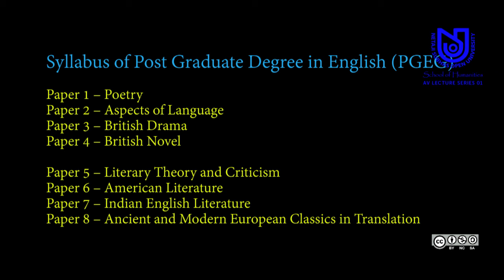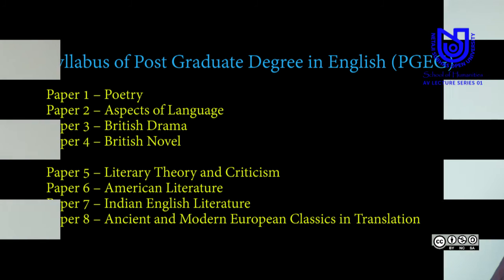Your paper 6 is American literature as a broad strata of English literature. Paper 7 takes up Indian literature in English, and here we include both Indian writings in English and translations from Bhasha literatures into English. And paper 8 will cover a vast area between ancient and modern European classics.